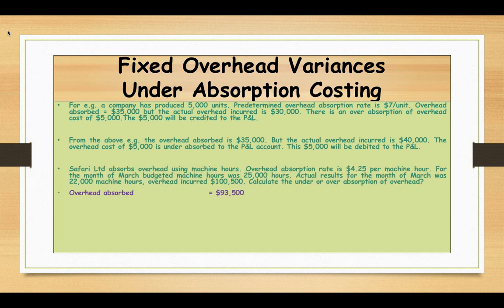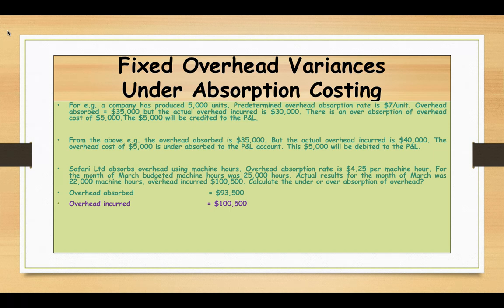So we'll see the overhead absorbed. They worked for 22,000 machine hours. Each machine hour they would have absorbed $4.25. So altogether the overhead absorbed is $93,500. But the actual overhead incurred is $100,500.